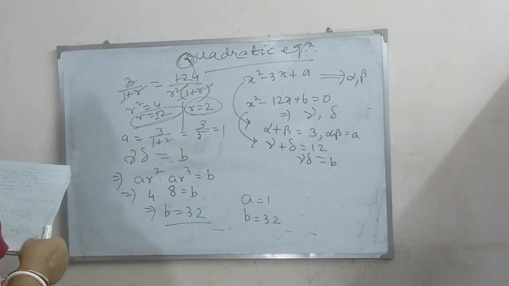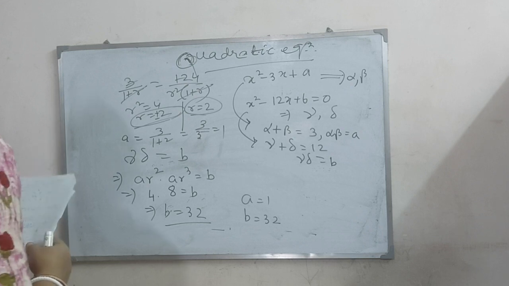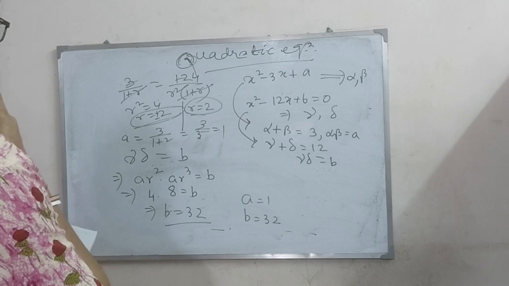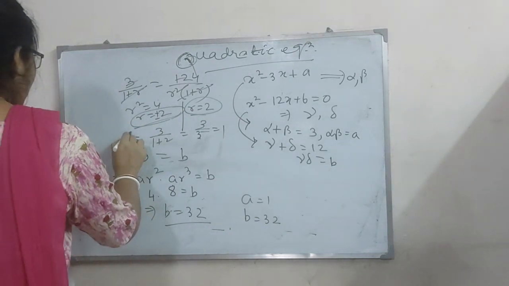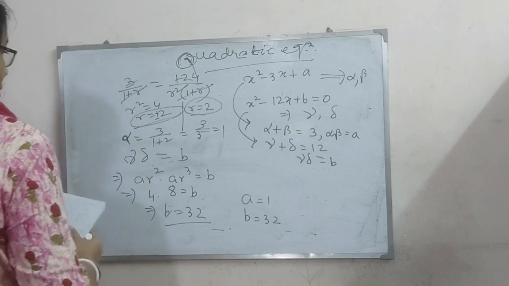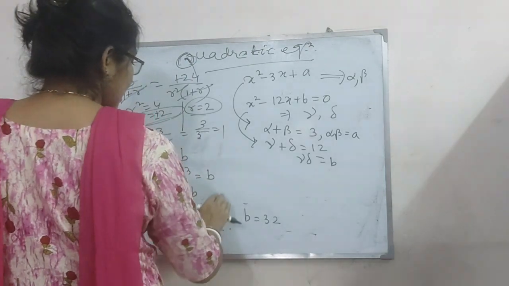Correction: this is alpha, so alpha equal to 1, not a equal to 1.